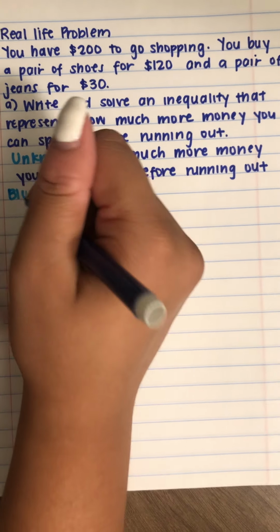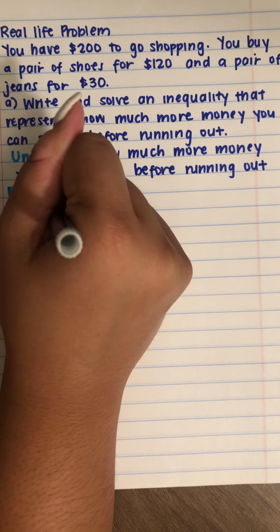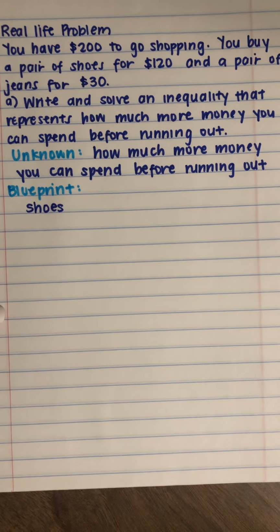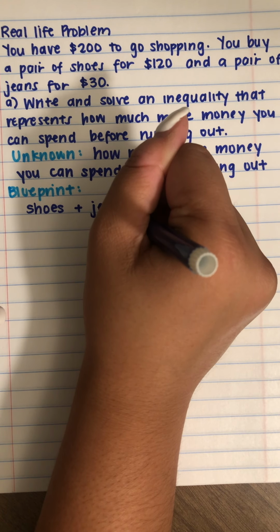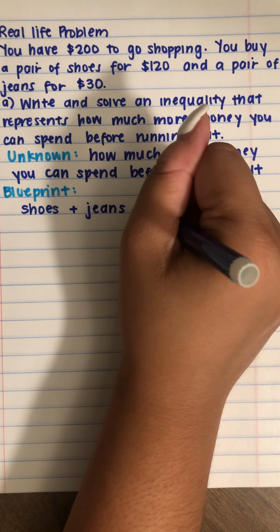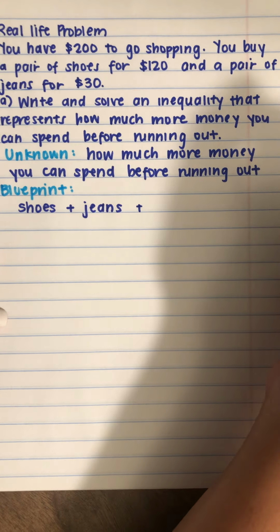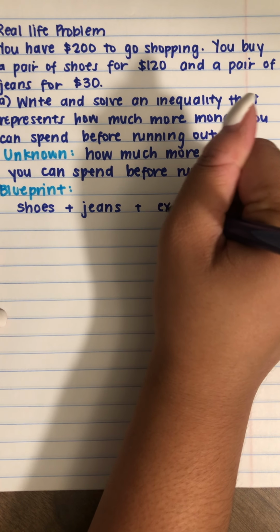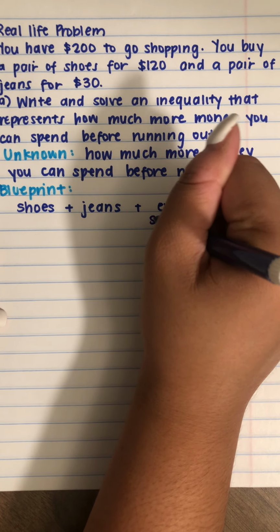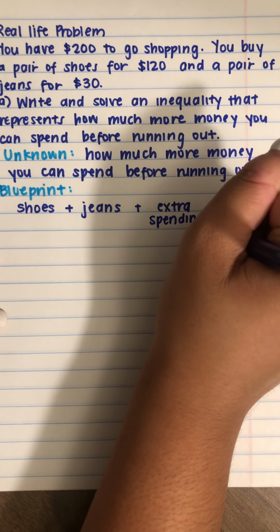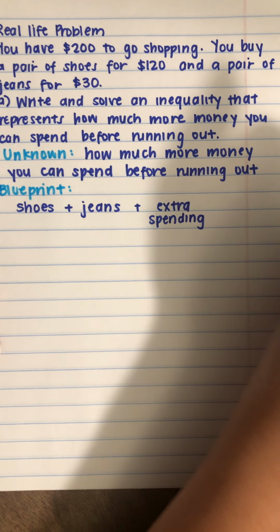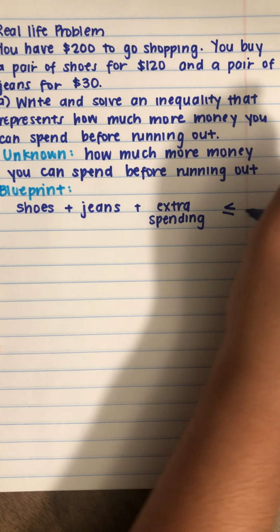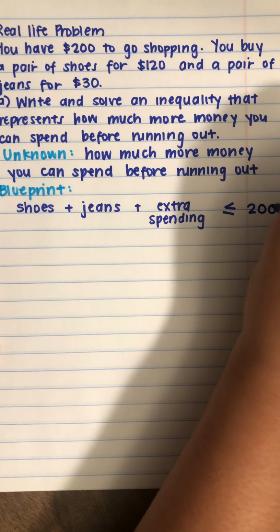So we know that we bought a pair of shoes, plus a pair of jeans that we bought, plus the extra spending that we want to do, and all of that has to be less than or equal to 200.